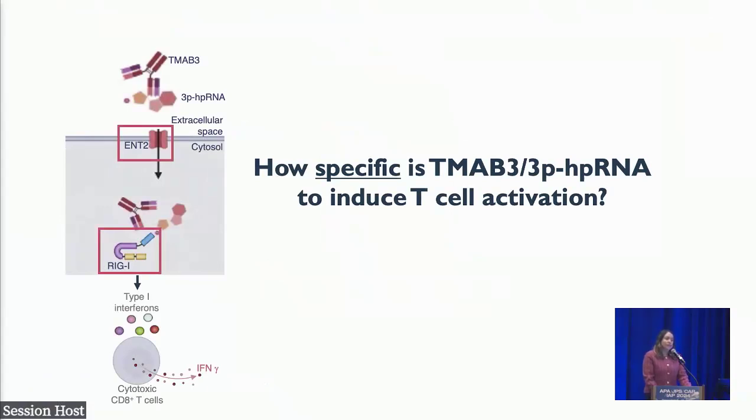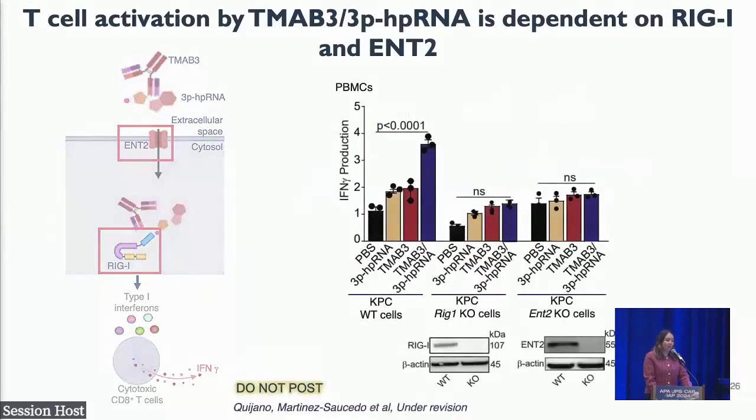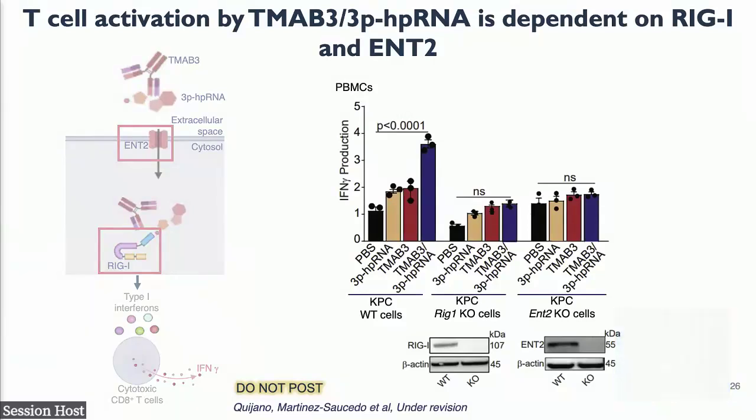So for the last part of my talk, I just want to show you how specific this response is to induce T cell activation. And to do so, what we did is that we had KPC wild type cells that were treated with the antibody and the short hairpin complex, or the single controls.